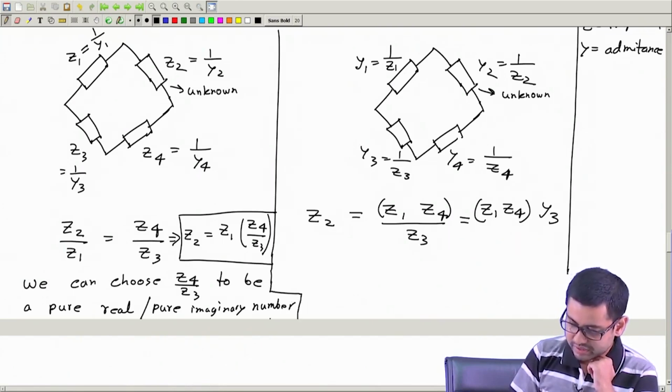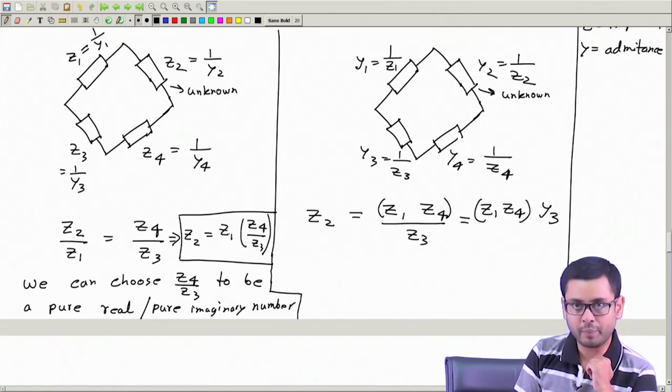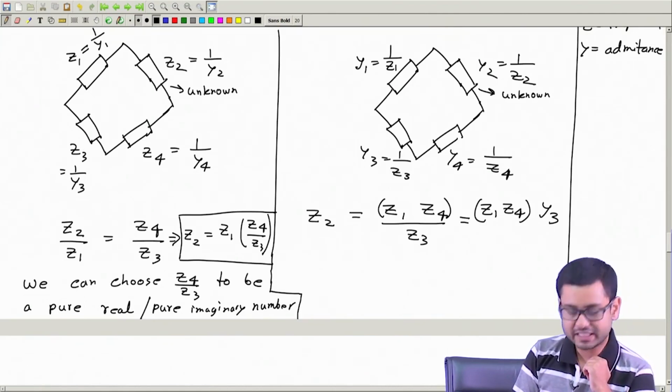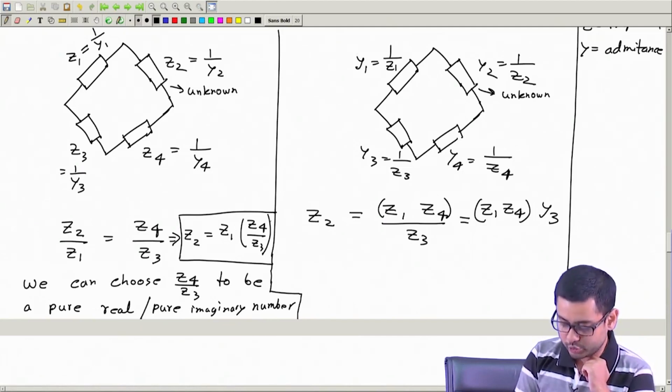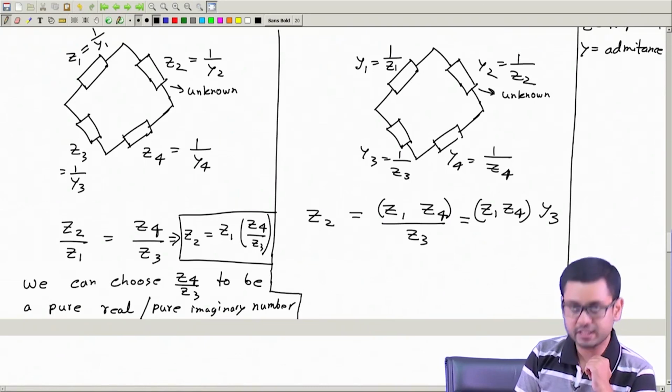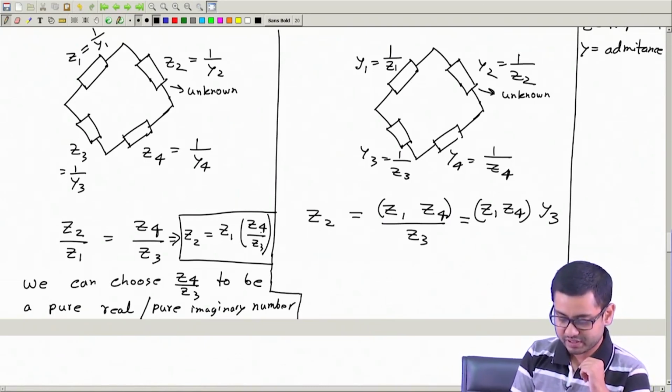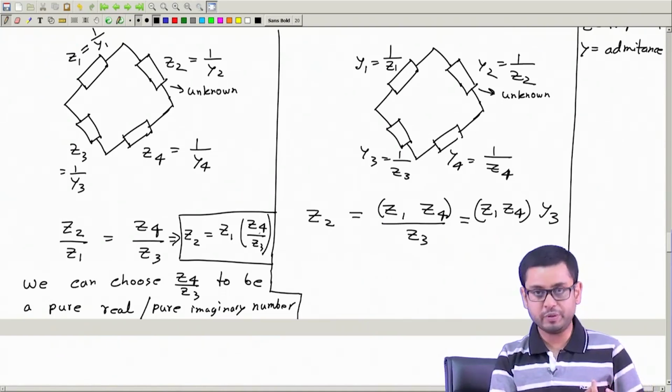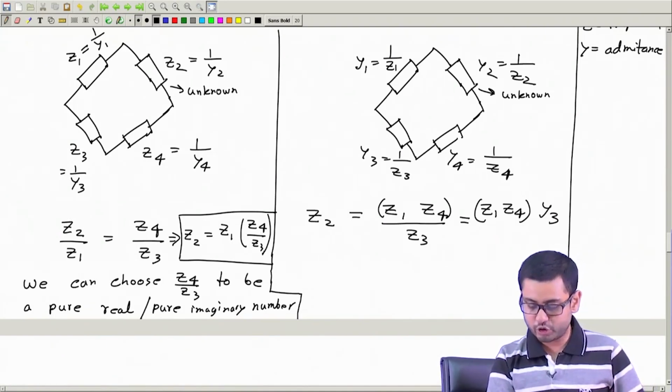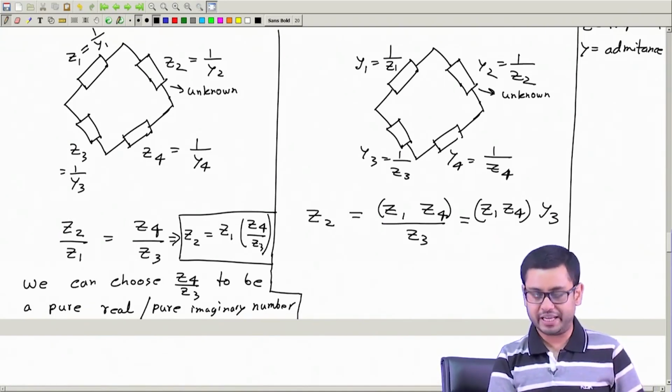Okay. Then Z2 and Z1 will be complex numbers, but Z4 and Z3 we can choose to be purely real or purely imaginary. If we choose them both to be purely real, then the ratio Z4 by Z3 is a real constant.